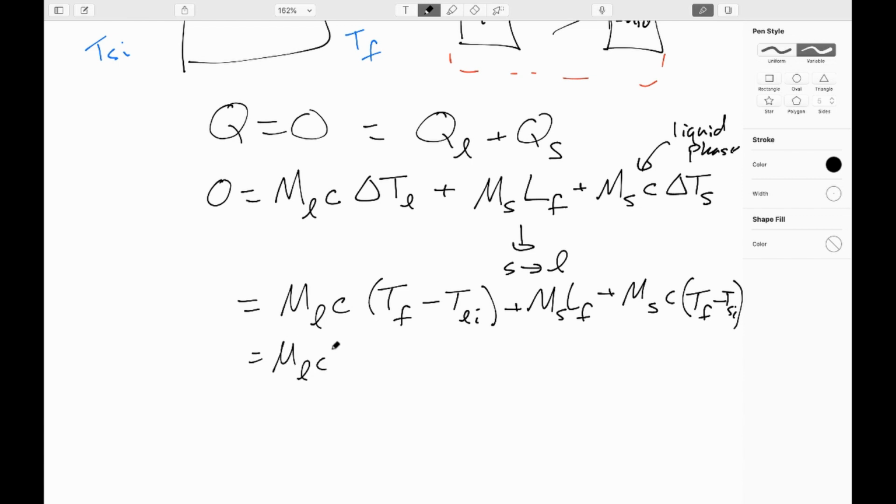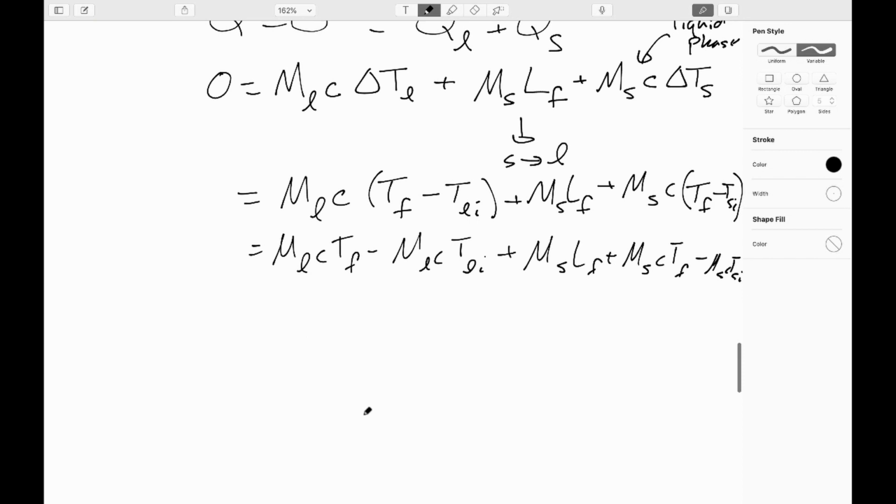So M_L C T final minus M_L C T_LI plus M_S L_F plus M_S C T_F minus M_S C T_SI. All right. Now, what we can do is group terms that have T_Fs in them.